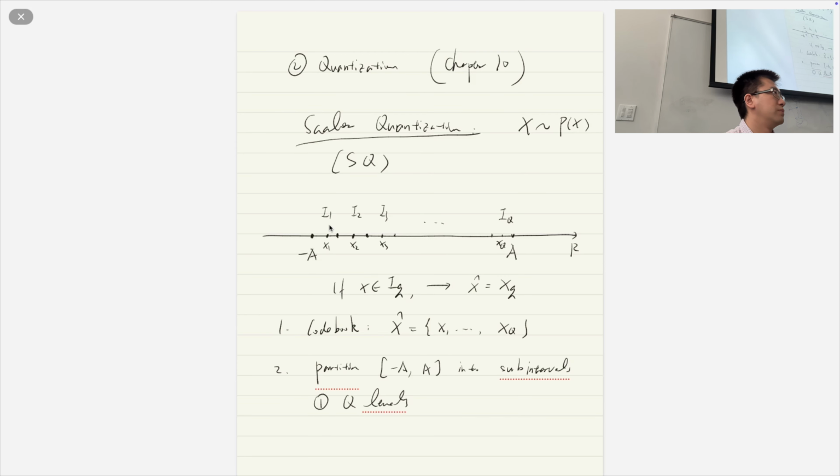But if it's not a uniform distribution, then we may not know that. So normally we minimize the distortion and find how many intervals we have and where each xi is. We can use whatever distortion we want, but a meaningful distortion for this problem would be the mean square error. Let's say we define the mean square error as the expectation of x minus x hat, squared. This is our mean square error.